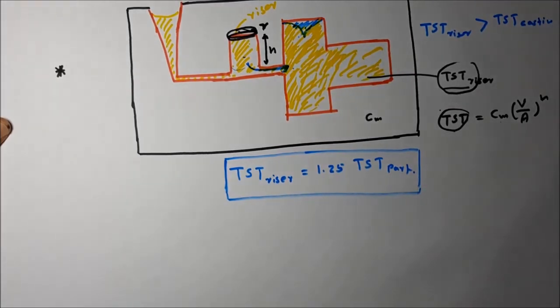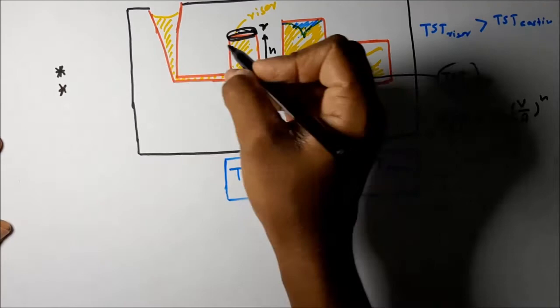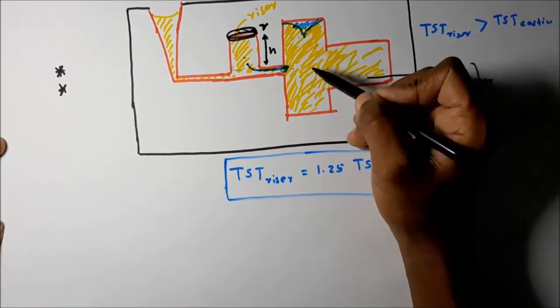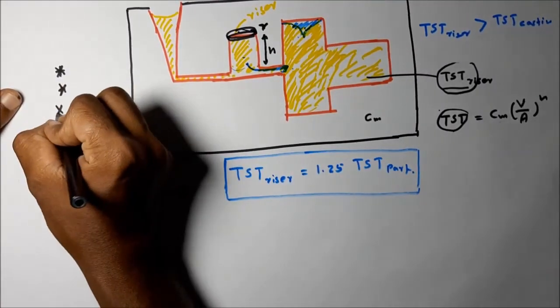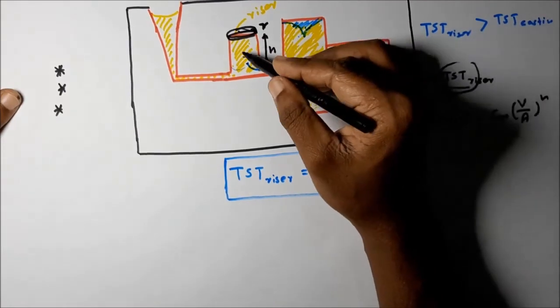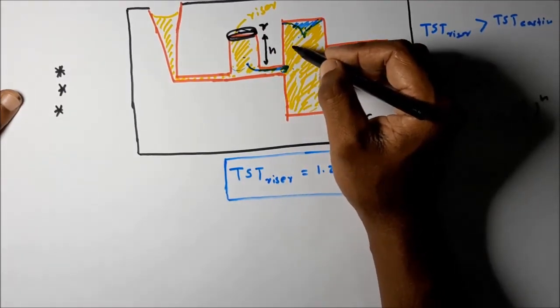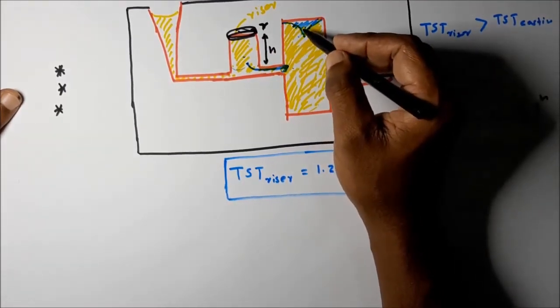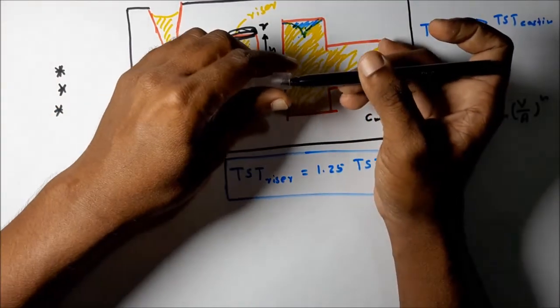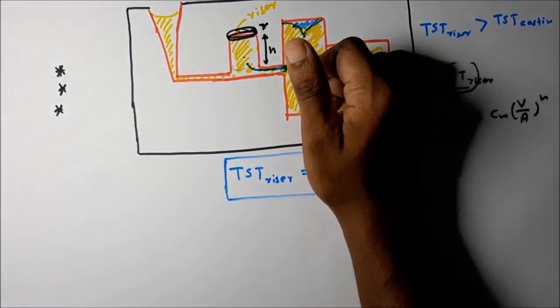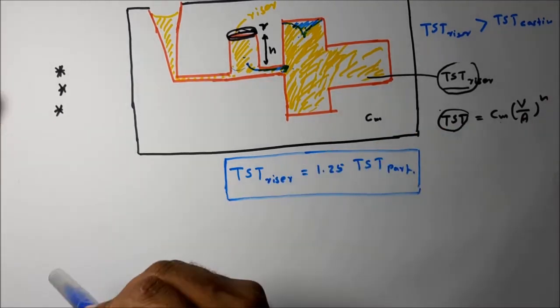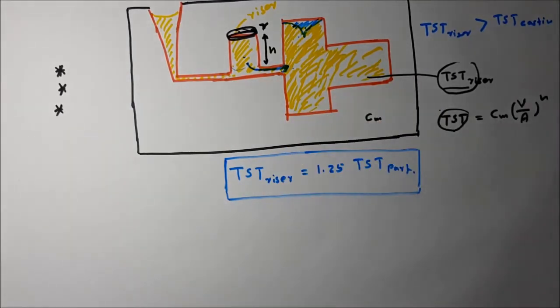And also, the second consideration is the riser should be placed closer to the heavy mass area. Then the third consideration, a riser should be able to feed enough molten metal to compensate the amount of shrinkage. That means it should be able to keep enough molten metal.